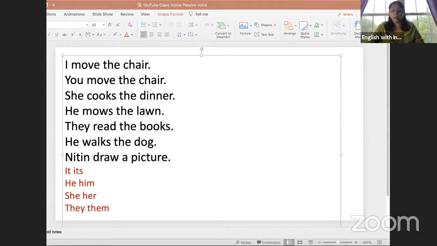So now, let's see the next one. Books are read, the dog is walked by him, the picture was drawn by Nitin, yes. Our Indian mothers are required to progress in this new era of technology and science. Yes.